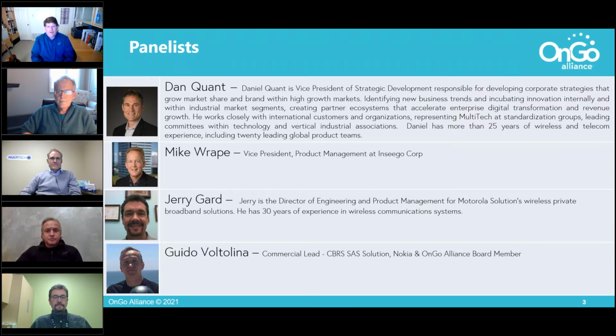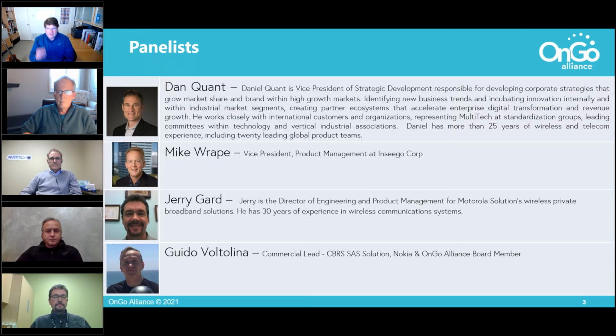Jerry Gard. Jerry is the Director of Engineering and Product Management for Motorola Solutions Wireless Private Broadband Solutions. With 30 years of experience in wireless communication systems, again, Jerry's got a lot of insight here that we can rely on. Also glad to say Jerry is a member of our board of directors and our executive committee.